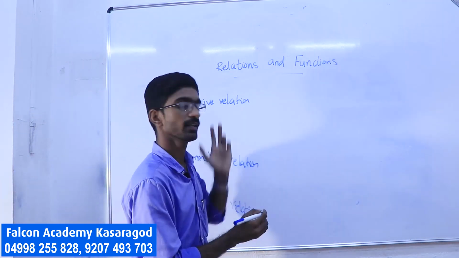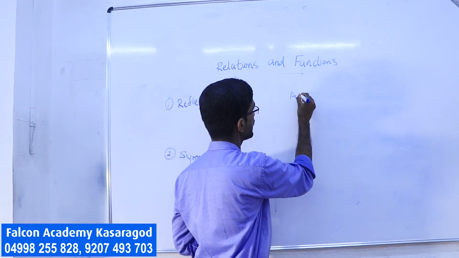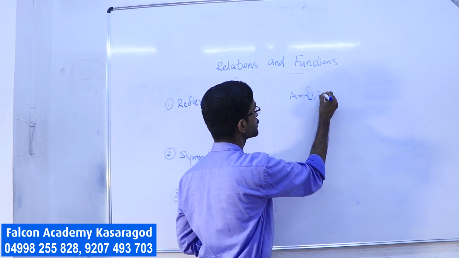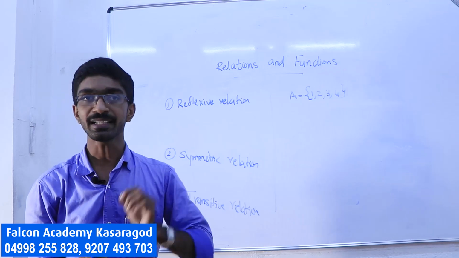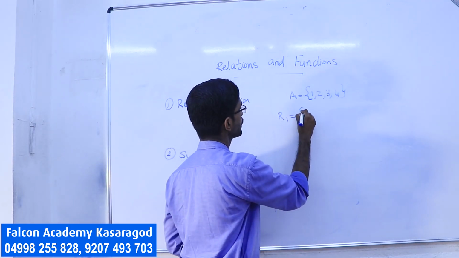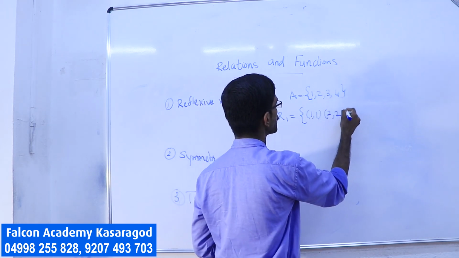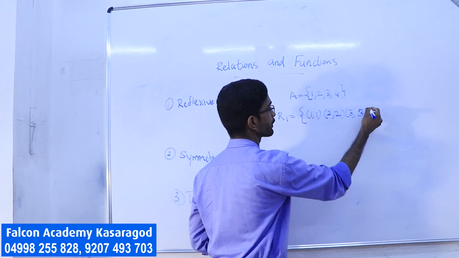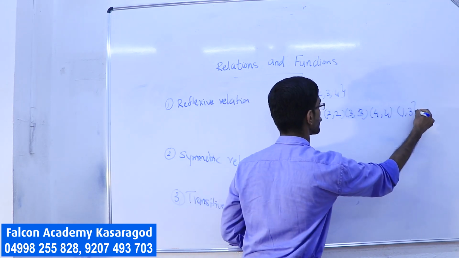So, നമ്മൾ നേരത്തെ എഴുതിയ എക്സാമ്പിളിലേക്ക് തിരിച്ചു വരാം. So, I can write the collection A as 1, 2, 3 and 4. Okay, ഇനി ഞാൻ ഒരു R1 എന്ന് പറയുന്ന ഒരു റിലേഷൻ എഴുതാണ്. R1 is equal to the collection 1, 1, 2, 2, 3, 3, 4, 4, 1, 3.